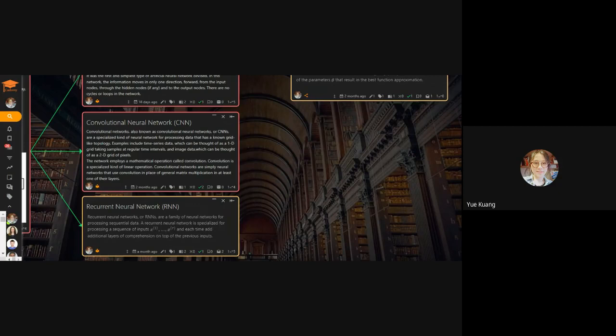The network employs a mathematical operation called convolution. Convolution is a specialized kind of linear operation. Convolutional networks are simply neural networks that use convolution in place of general matrix multiplication in at least one of their layers.